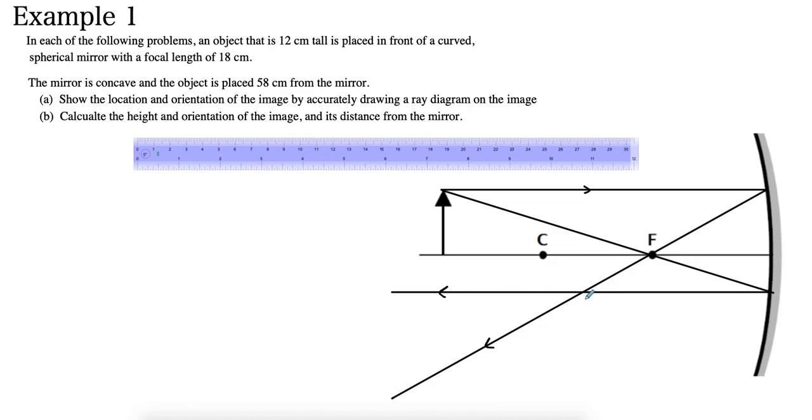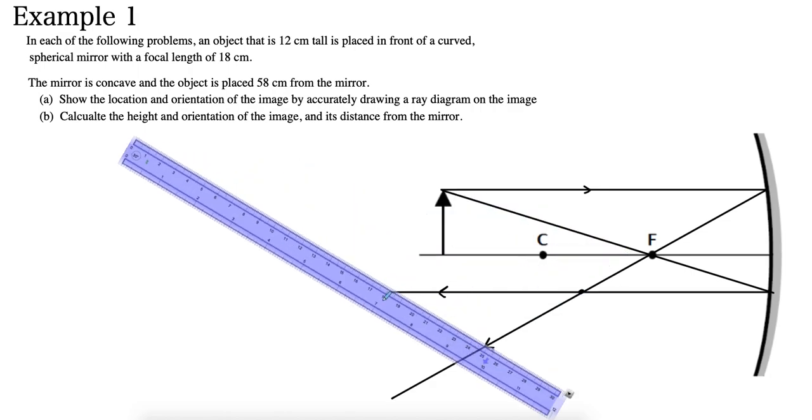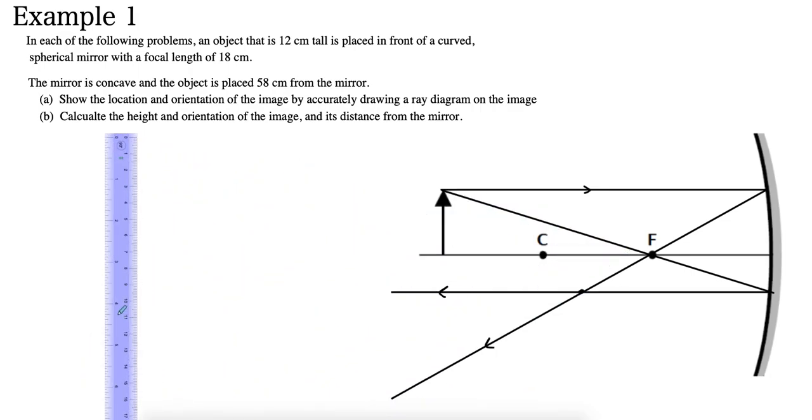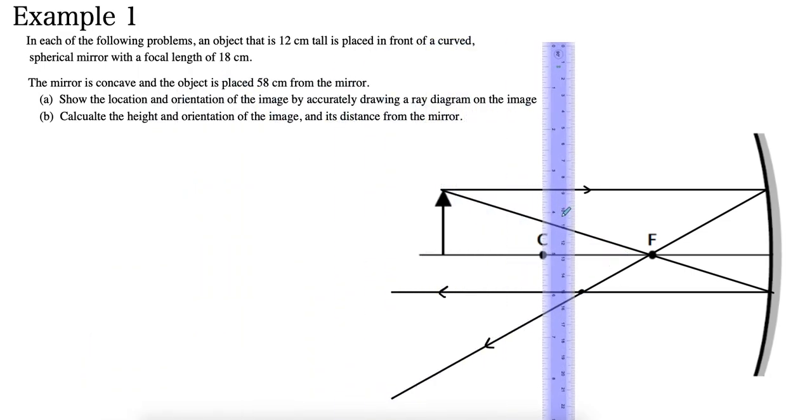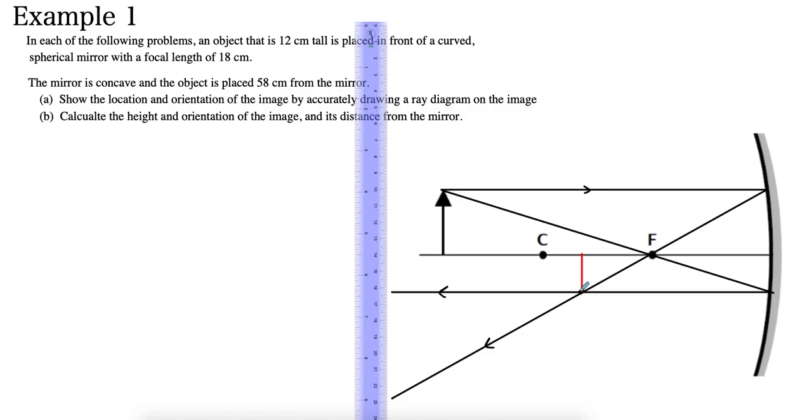And so this intersection right here is where our image will form. What you want to do is take a ruler and draw in, as neat as you can, your image.